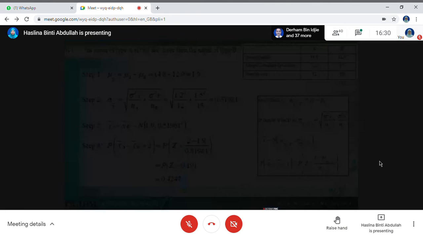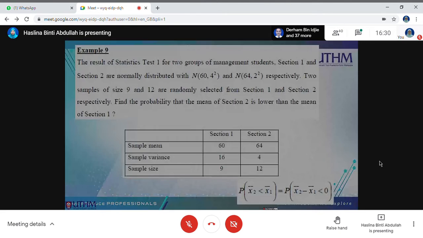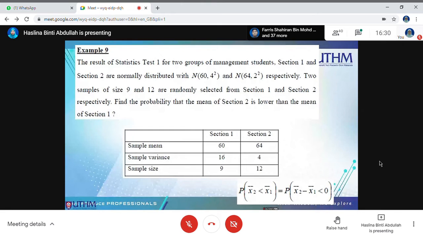Okay, we proceed to the next example. Read first. The results of statistics test 1 for two groups of management students, section 1 and section 2, are normally distributed.